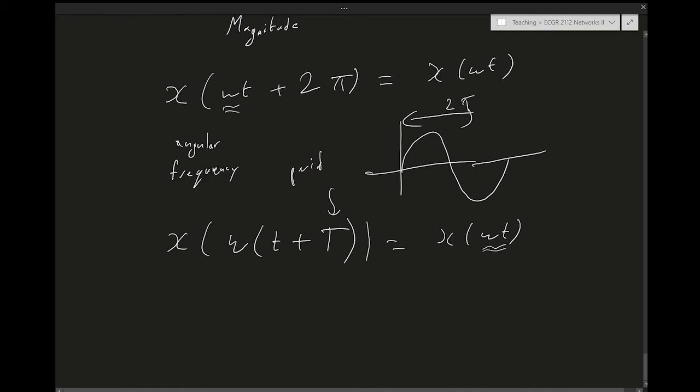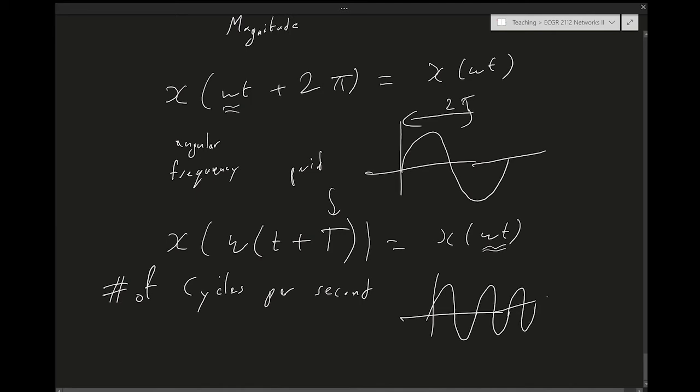There's another way of expressing frequency, and that is by expressing the number of cycles per second, per unit time, essentially. So I look at my sinusoid, and it's periodic. I have a different number of periods, and I look within 1 second. This is my unit of time.